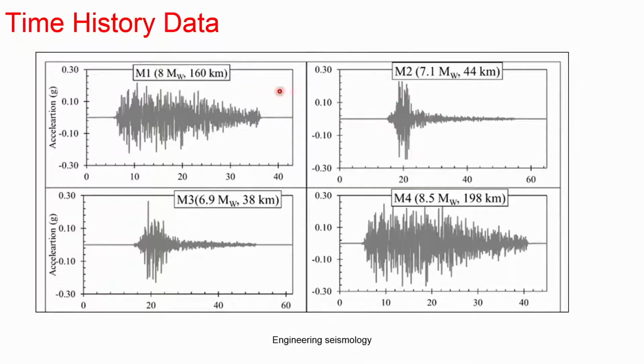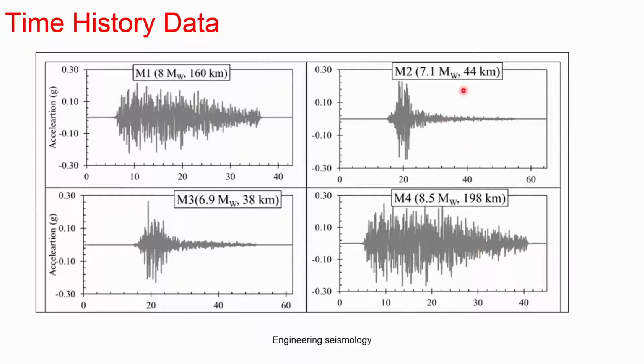You can also see that some of these earthquakes have very long duration and some have short duration. You can link this with the distance in kilometers. For example, for magnitude 8 at 160 and 198, you can see there is a long record, a larger duration record.